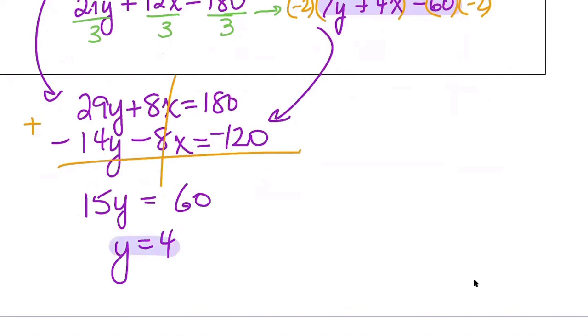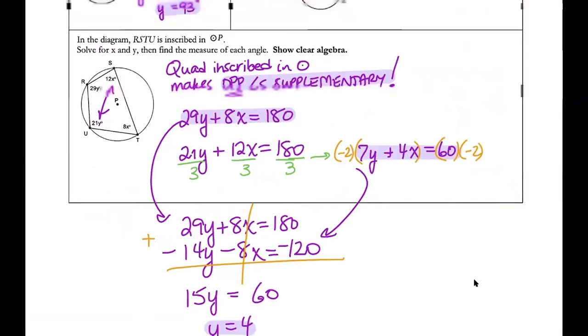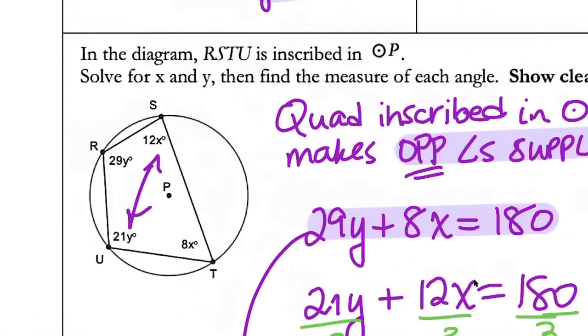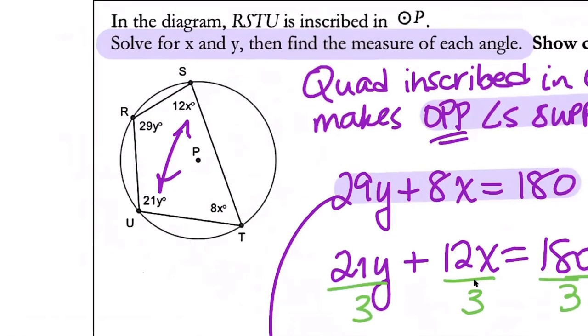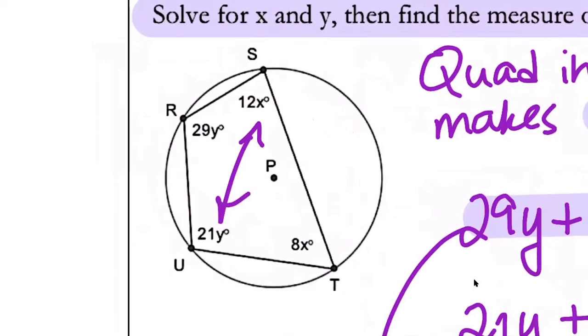Now that's one of the variables. It asked us to solve for x and y and also find the angle measures. So I know that y is 4. That means up here I can do 29 times 4 and get that that angle measures 116. Okay, so there's one answer.